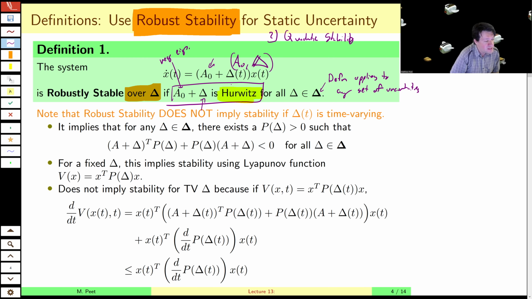Then if delta is fixed, if it doesn't change over time, that will in fact imply stability, because it's just a linear system, and the eigenvalues are negative, so the trajectories converge to zero. So this implies stability if delta doesn't change.